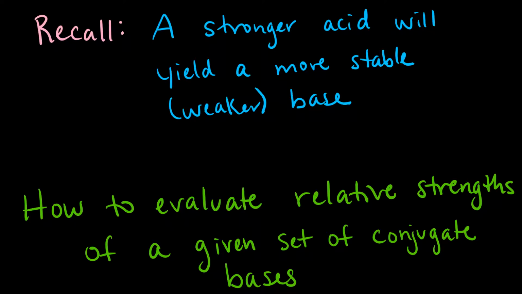So what we need to do now is try to answer that question of why. Recall that a stronger acid yields a more stable or weaker conjugate base. You know this from general chemistry. What we want to be able to do is to evaluate the strengths of a set of bases so that we can make a statement about the strengths of the parent acids.